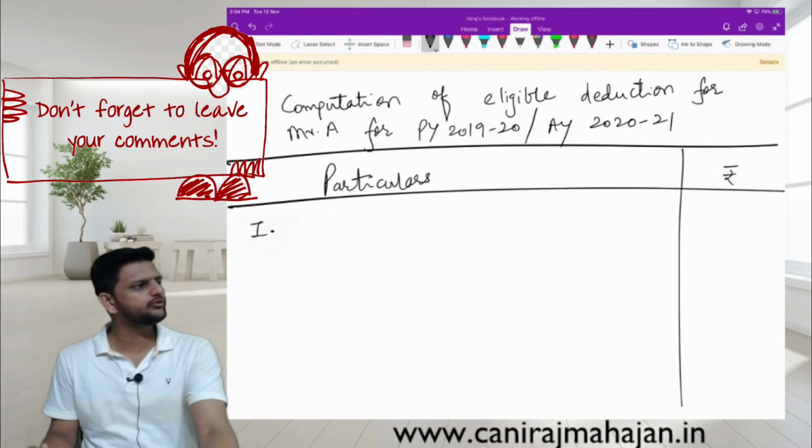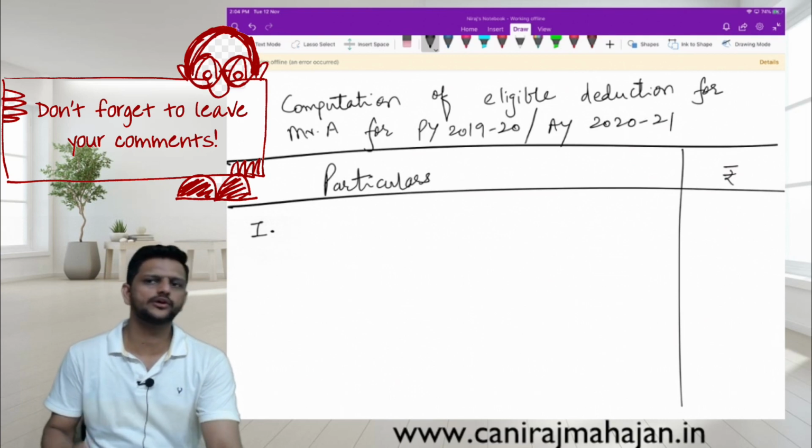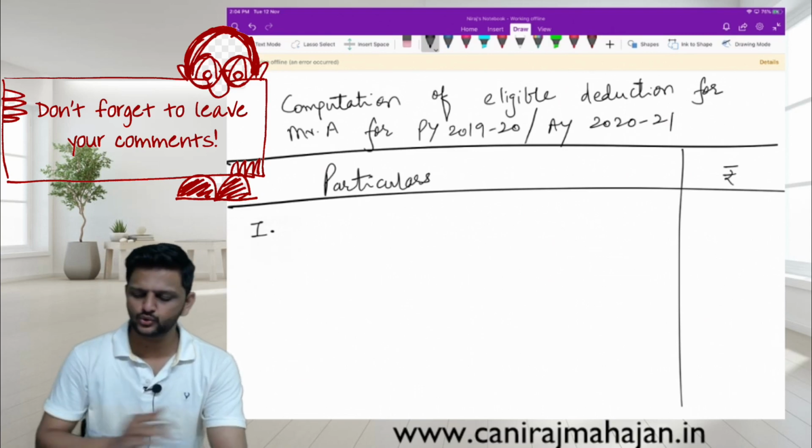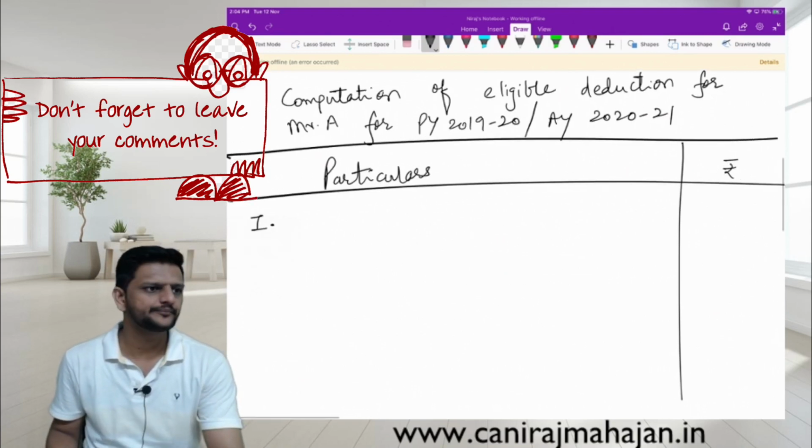So right now we only have to focus on interest because the entire loan is not paid, so there is not even one single rupee of principal repaid. Correct? What they are repaying is only interest, right? Okay.